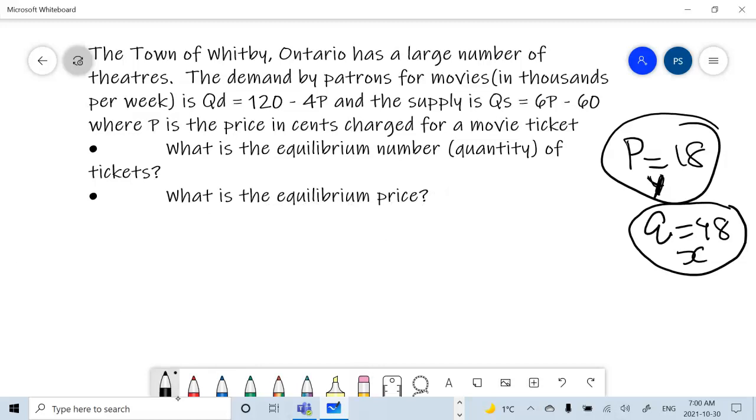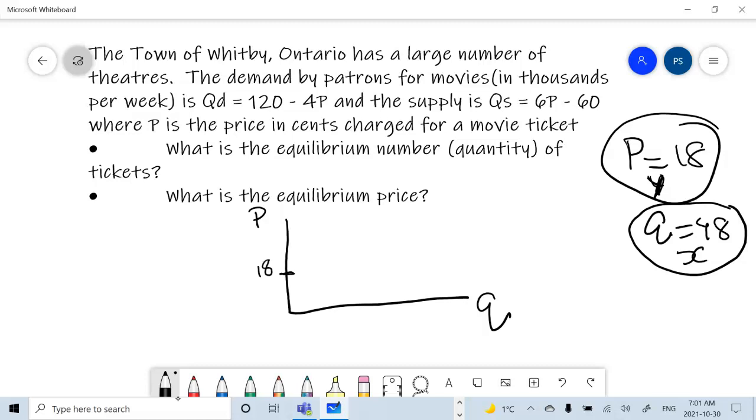So now we're going to graph this equilibrium. So what do we do? Draw this. We can see the P, as we told earlier, is on the y-axis. The Q is on the x-axis. So somewhere along the y-axis is going to be the number 18.